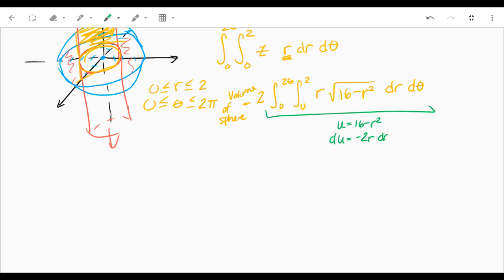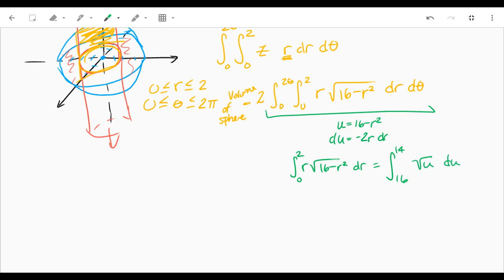So when we integrate r times the square root of 16 minus r squared, we can change our units there. So u would be 16 minus r squared. Here it's from 0 to 2 dr. So that'd be the integral from, if r is 0, we'd have 16. And if r is 2, we'd have 12. And then we'd have the square root of u du.